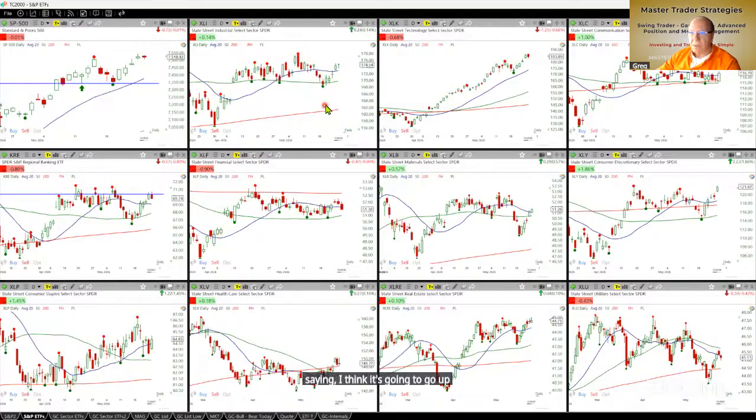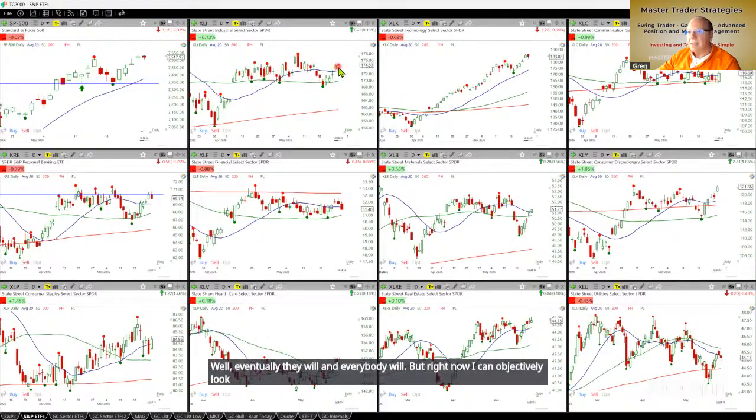I'm not so sure. I better get out. Maybe I better get back in again. I say, can you make up your freaking mind? Well, eventually they will, and everybody will. But right now, I can objectively look at this and say, this is indecision in this particular sector. And from there, I can start looking at individual stocks within that sector.